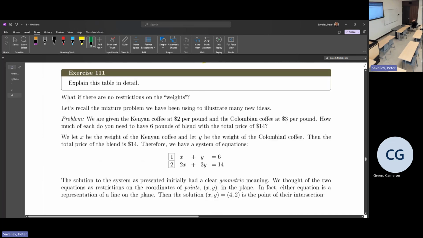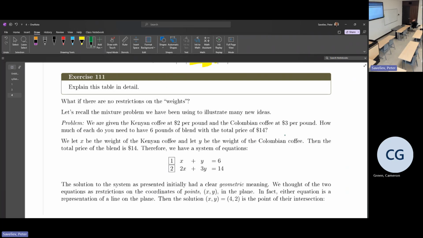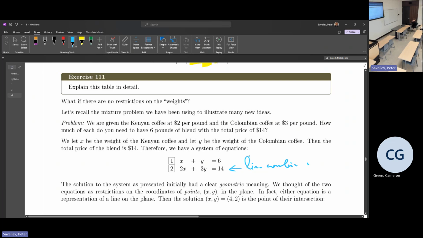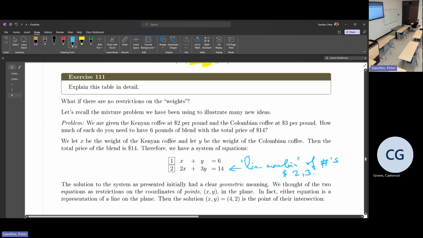We will see in a minute a linear combination in a more precise way, but let me still make my point that this is a linear combination of numbers, meaning of 2 and 3. 2 and 3 are prices of the two types of coffee, and if you're creating a blend with a weight of x for the first one and y for the second one, then you create what we call, the language once again is still to be explained, a linear combination of the two.